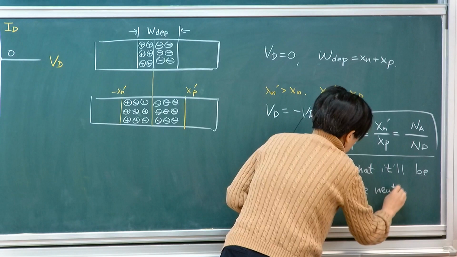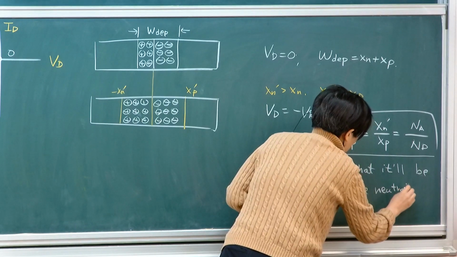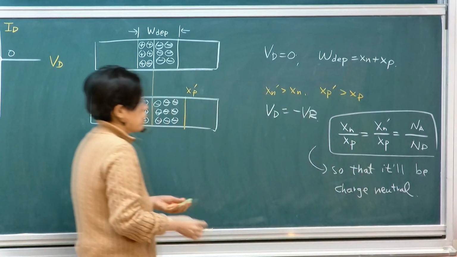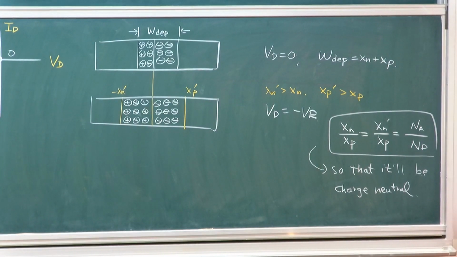To maintain charge neutrality, remember why this comes about: these two areas have to have net charge of 0. These two should cancel each other. The area of this will always be identical to that, even though it's growing. Okay?